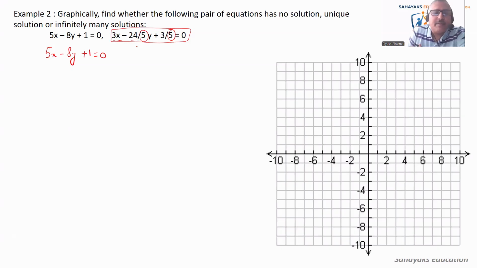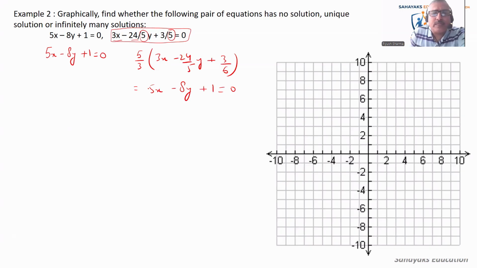So multiplying by 5 by 3, the 3 cancels, and it becomes 5x minus 8y plus 1 is equal to 0.